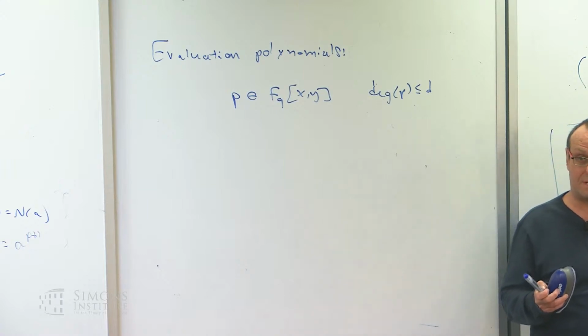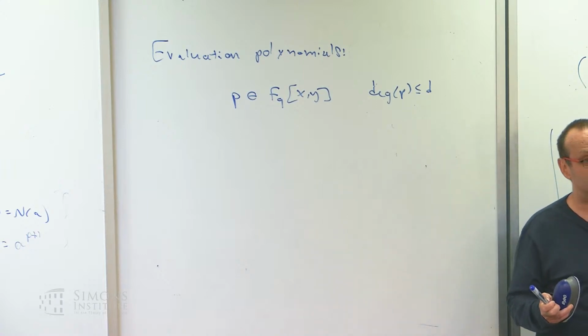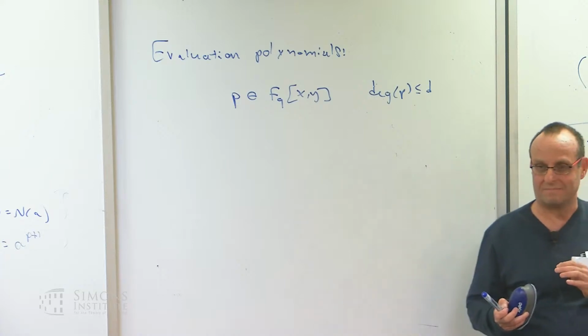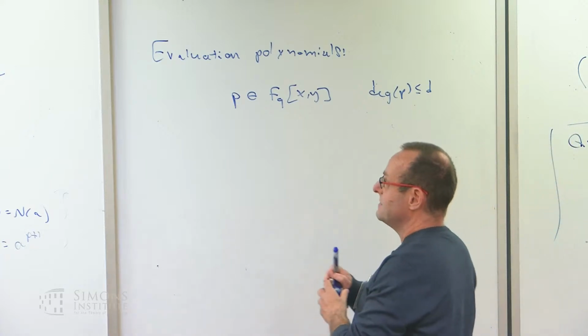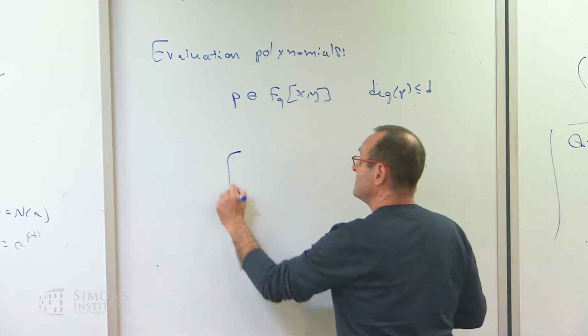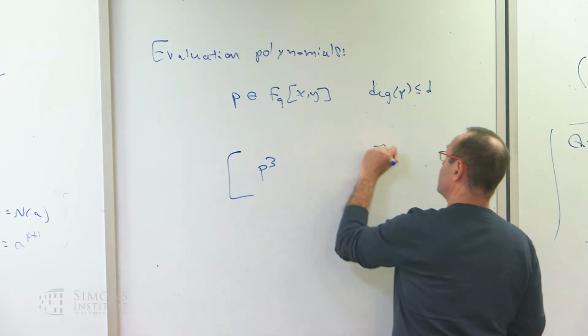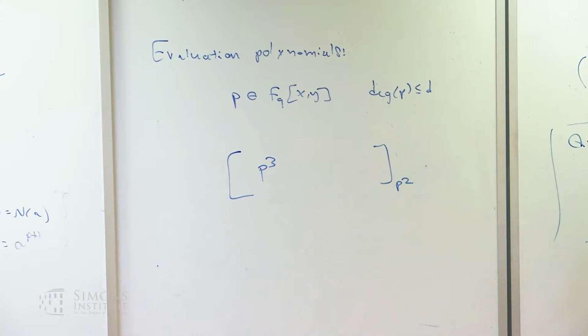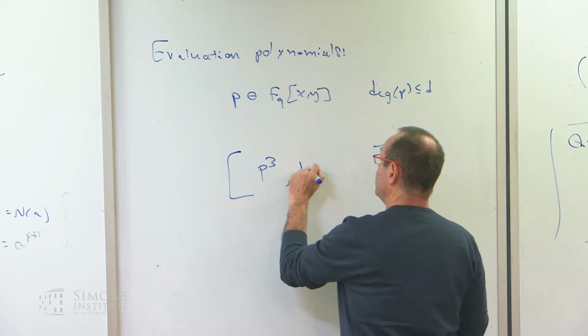It's more similar to Reed-Solomon than to Reed-Muller. Okay, so is it clear what the code is? Now let's analyze it. The length is p cubed. The alphabet is p squared, since when we evaluate, we get elements in F_Q. The dimension we'll write in a minute.